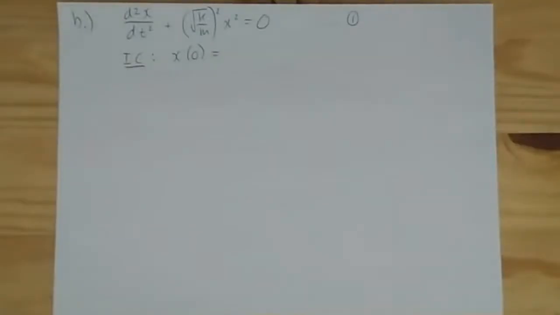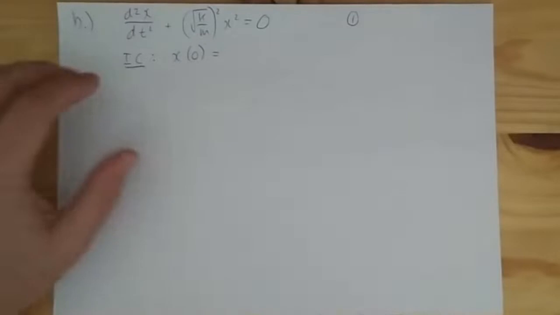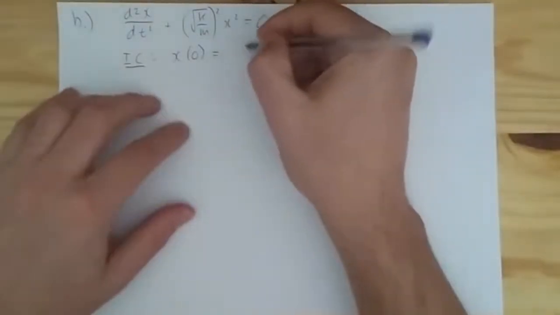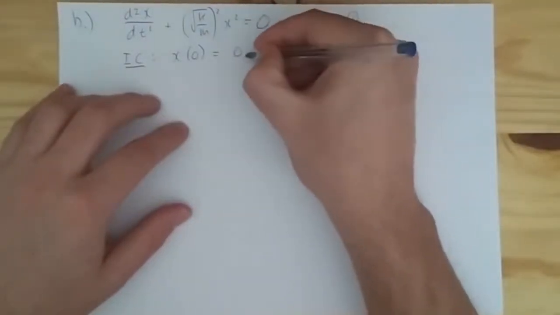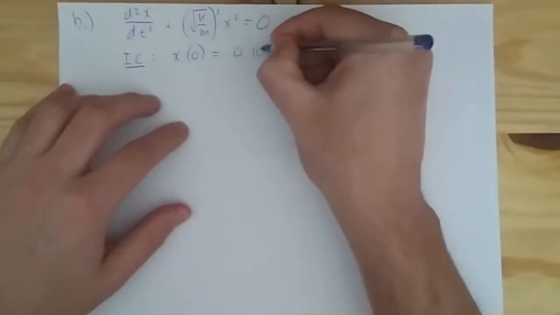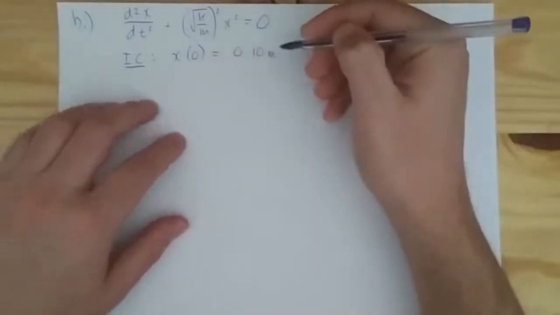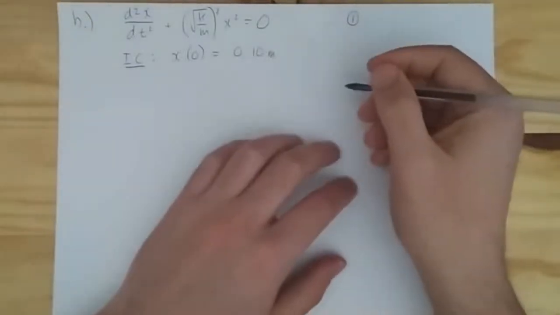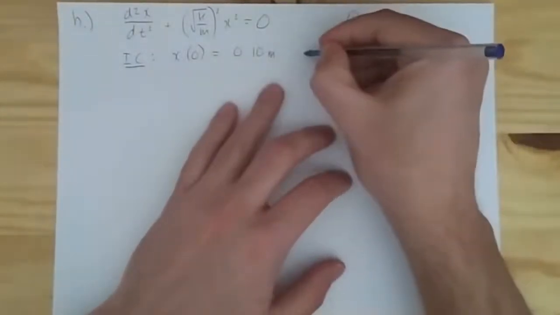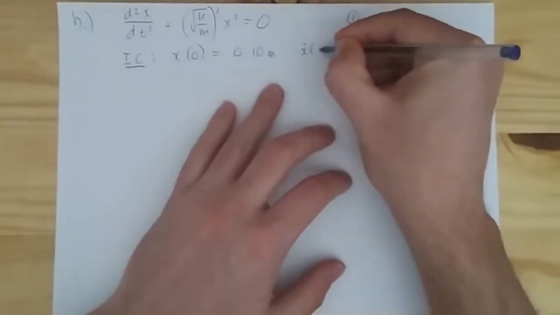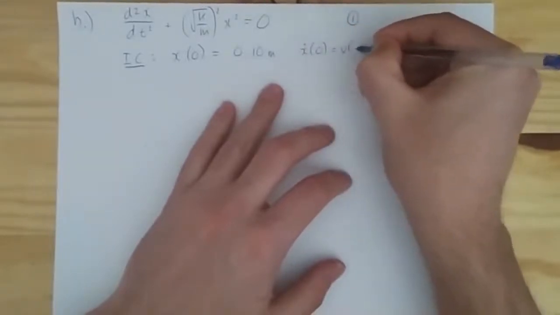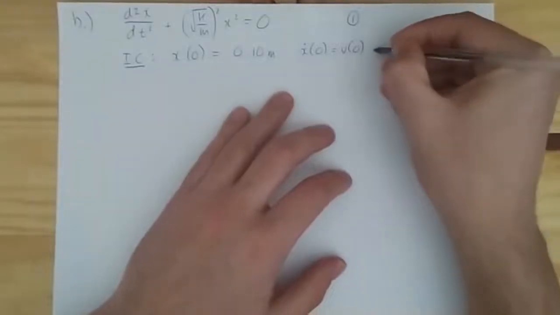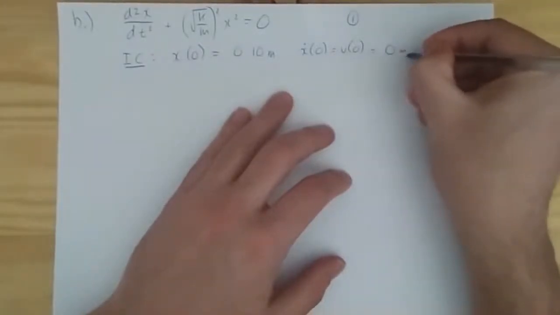Okay. So this is, in other words, 10 centimeters. So let's just make everything SI, so 0.10 meters. Don't lose your significant figures, right? So 0.10. All right, and what's the other condition then? When it's released, its velocity, in other words, v of 0, is equal to 0 meters per second.